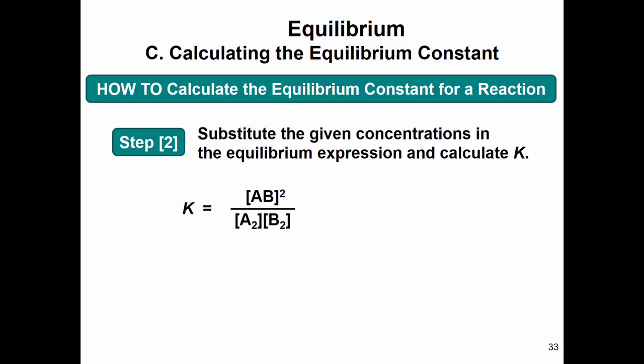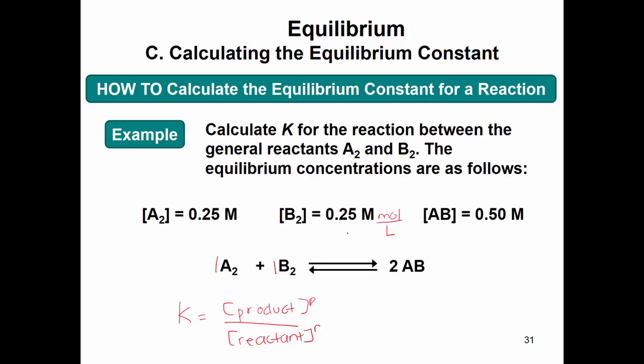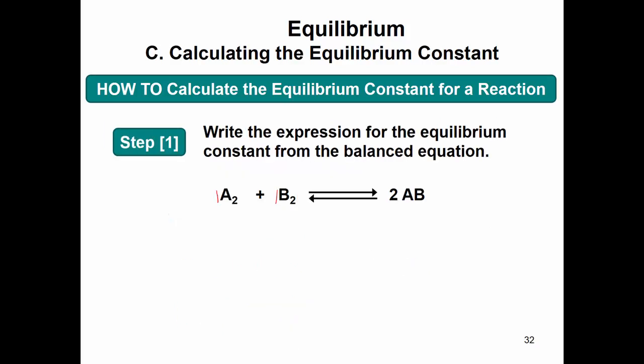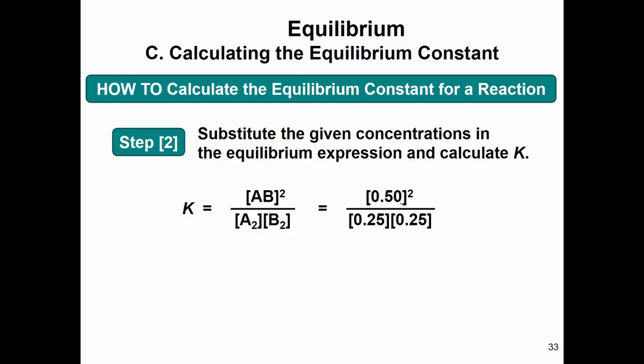Now we put the concentrations that we were given in the problem into here. If you look back, we had 0.25 of A and B and 0.50 of the product. So we put 0.50 squared and then divide that by 0.25 times 0.25.